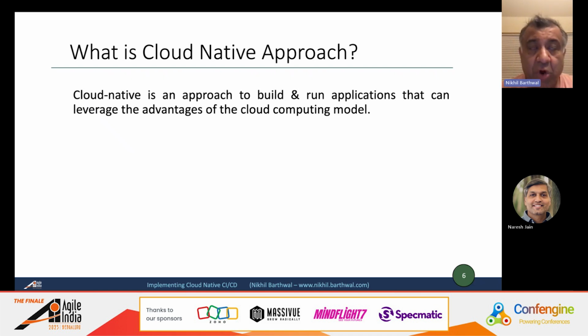Cloud native is a broad term. You're talking about private clouds also, you're talking about on-prems also, because a lot of organizations operate some sort of on-prem or hybrid. This is particularly true for financial organizations or even defense organizations where they have strict privacy requirements. So cloud native is a general term that encompasses the on-prem or hybrid approach also.